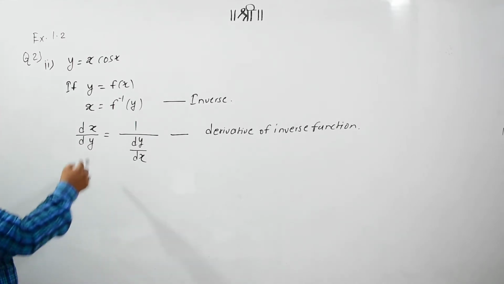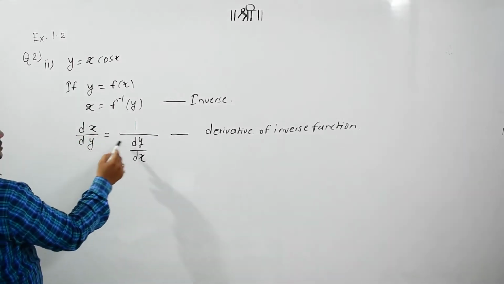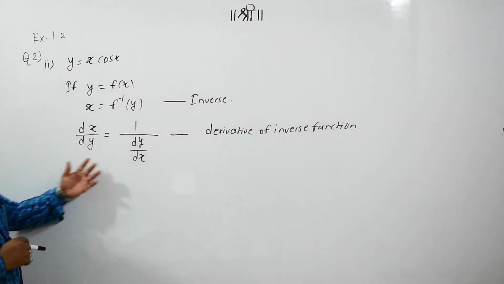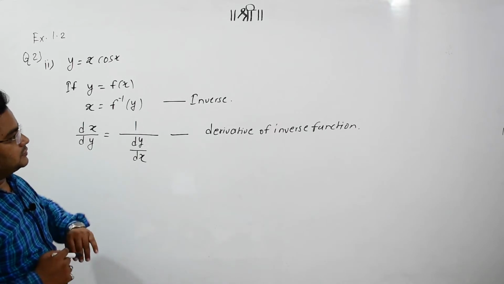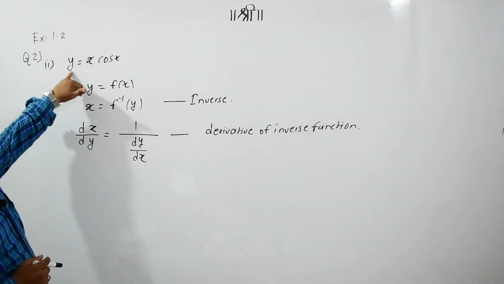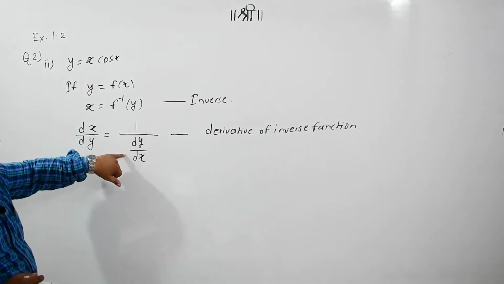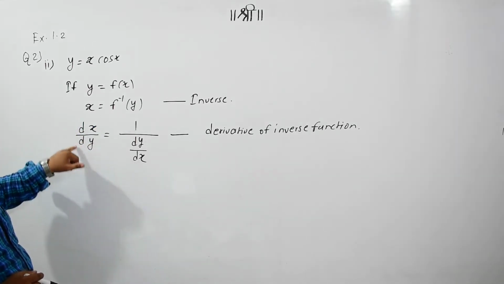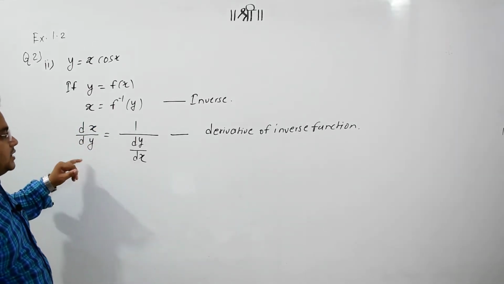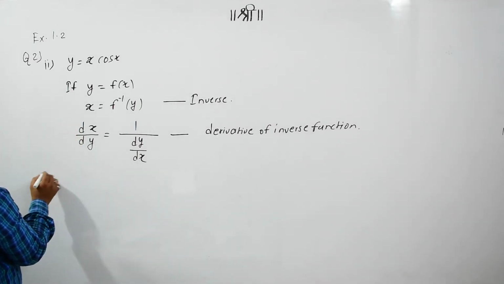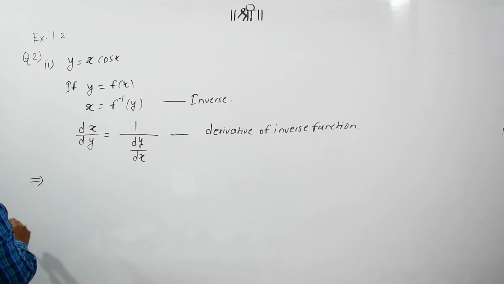If you look at it properly, dy upon dx is equal to 1 upon dy upon dx, so dx upon dy is the derivative of the inverse function. Here they have given us y. So if you find dy upon dx and take its reciprocal, definitely you will get dx upon dy, and that's how simple this is. So note it down, this is the most important parameter. Now here our problems will start.